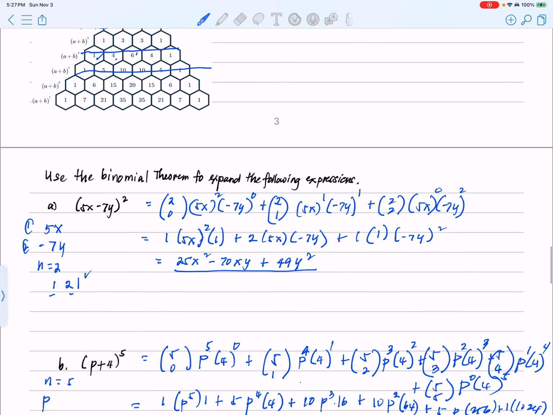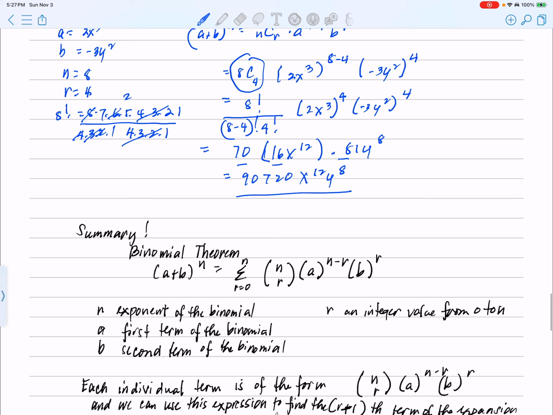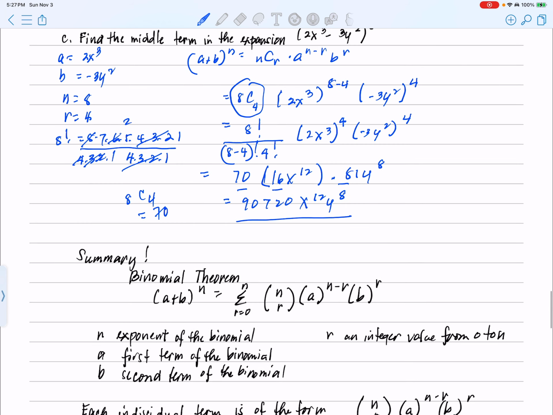Without using the factorial, you can find 8 choose 4 in the Pascal's triangle. Okay, you can find that. So in other words, 8 choose 4 in the Pascal's triangle is equal to 70. And then you multiply it with the first term and the second term.